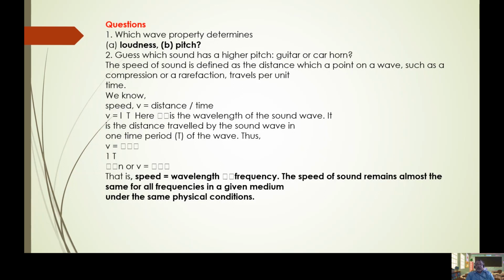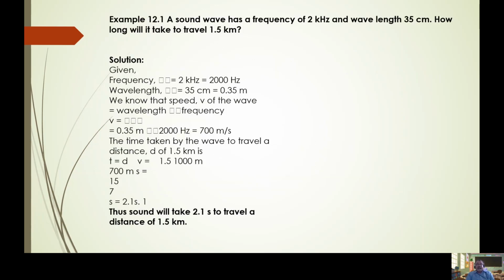The speed of sound remains almost the same for all frequencies in a given medium under the same physical conditions. Example: a sound wave has a frequency of 2 kilohertz and a wavelength of 35 centimeters.